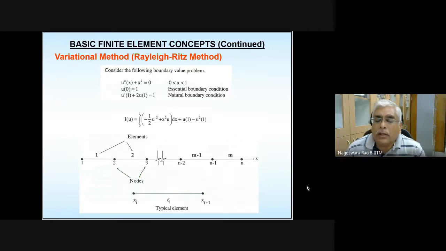Given any boundary value problem with the domain of the problem specified, and given boundary conditions, you need to follow the same procedure as for classical methods. The initial steps are going to be the same.